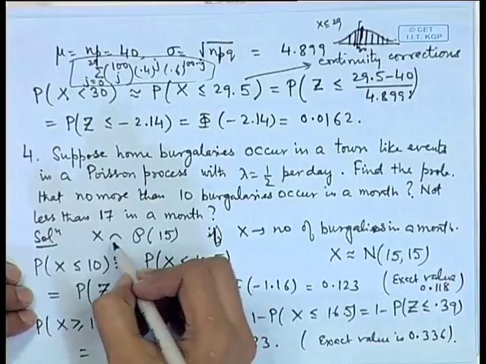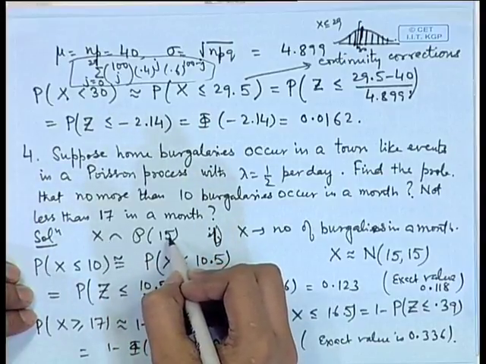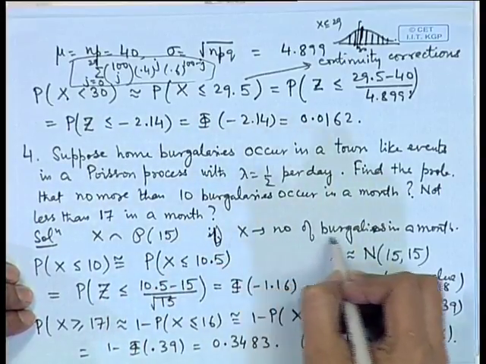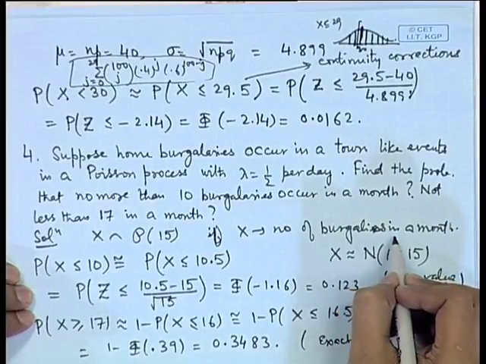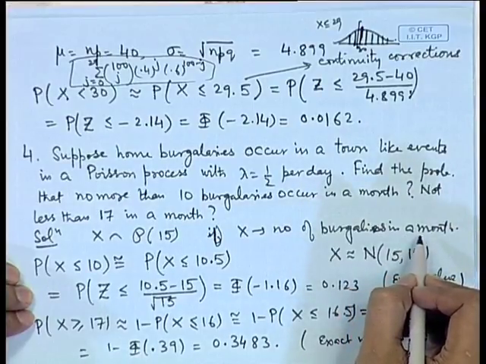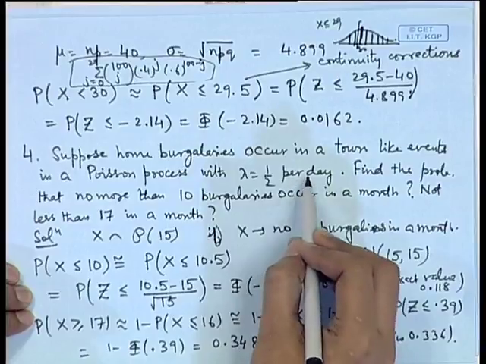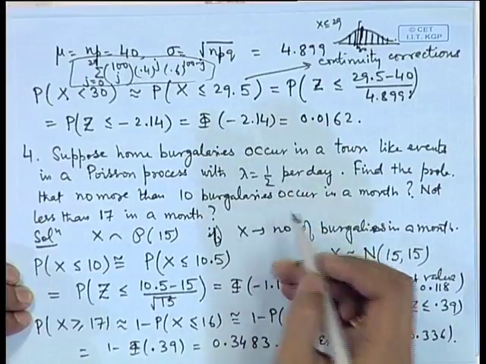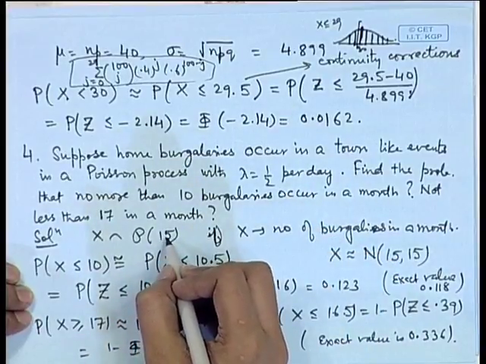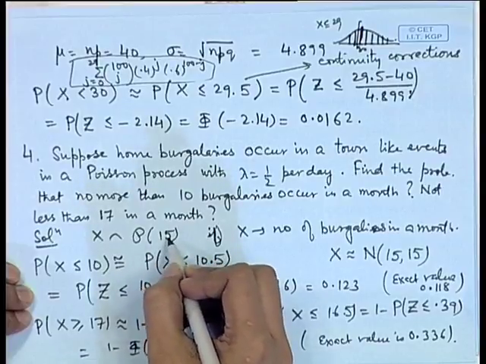So, if I denote by x the number of burglaries occurring in a month's time, then x follows Poisson 15. Since lambda is half per day, in a month we assume 30 days. So, the parameter lambda will become 15.